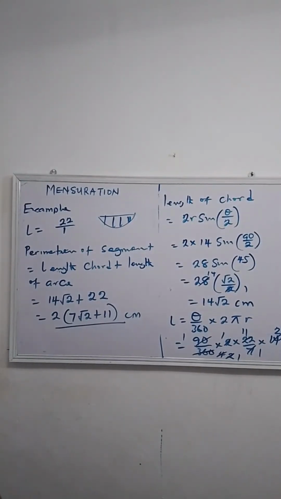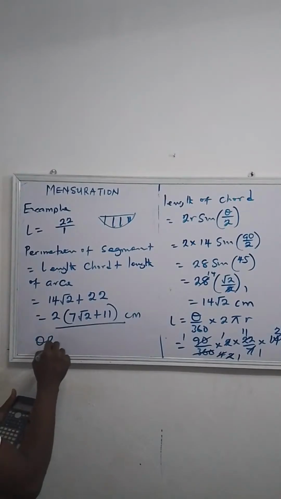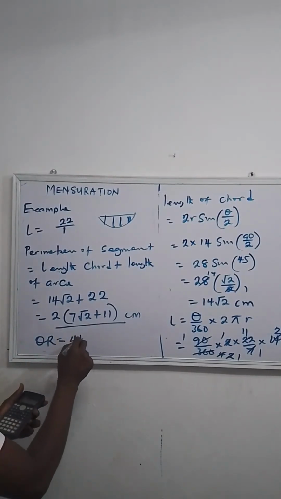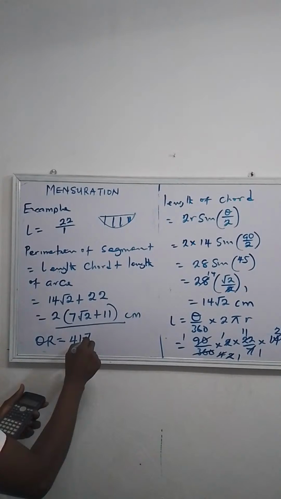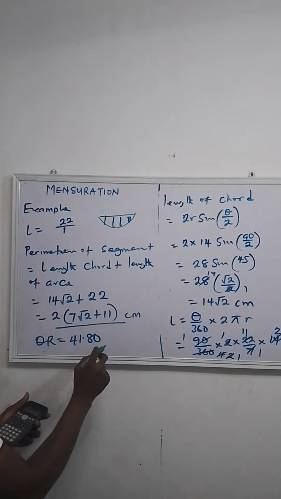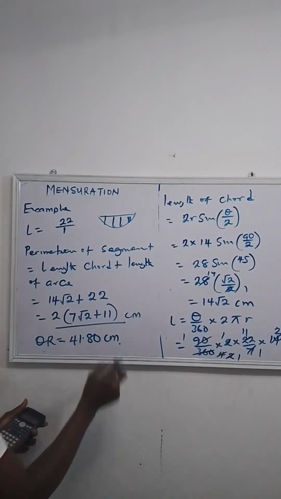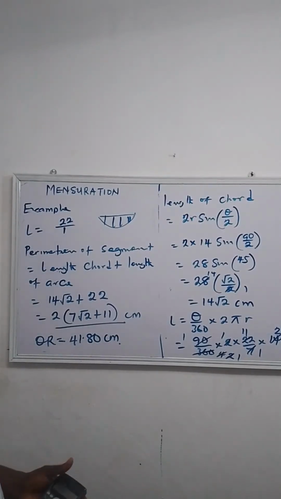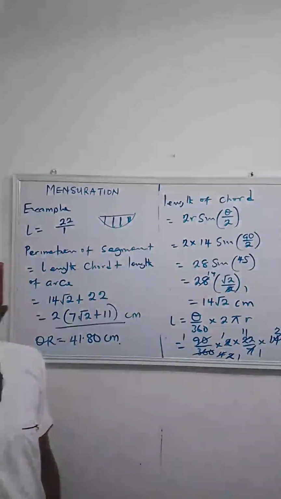You find square root of 2 and multiply it times 14, plus 22. So you have 41.780 centimeter. So this is the perimeter of the segment.